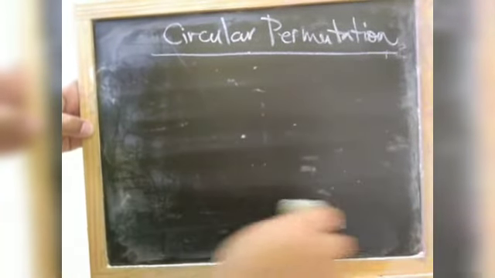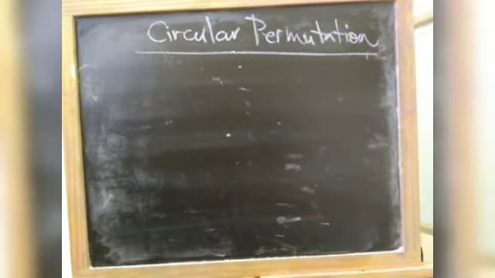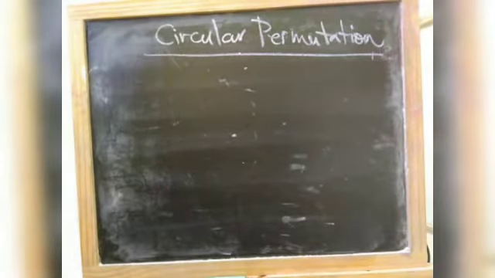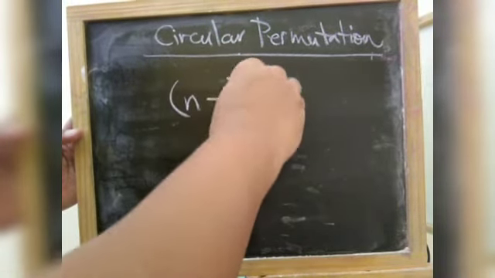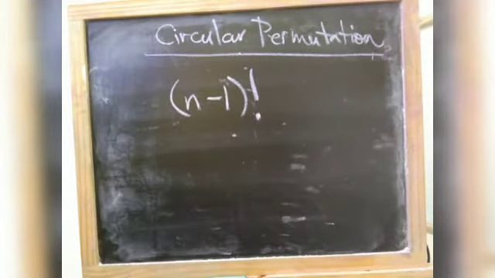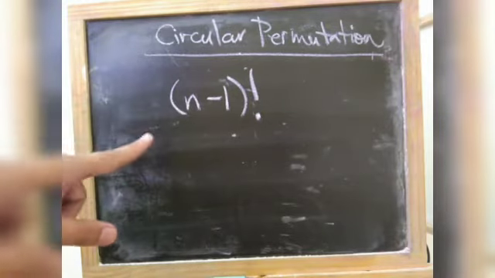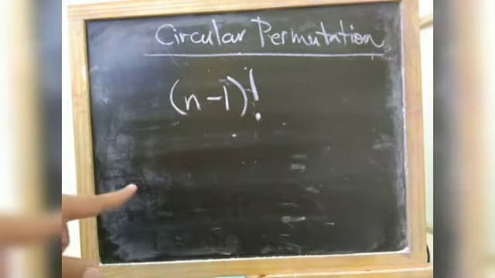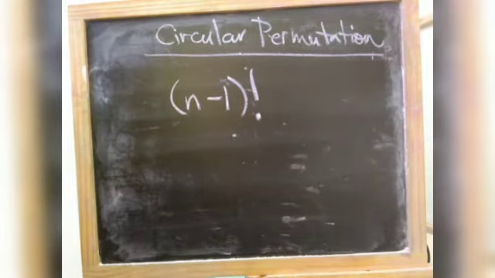Now, for circular permutation, or in arranging objects in a circular manner, we are just following this formula: n minus 1 quantity factorial. So, that is our only formula. It means we just remove the option of having identical arrangements, because it is only in a circle. Even if you rotate it, we are just pertaining to one particular arrangement.